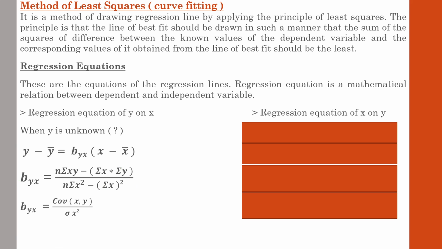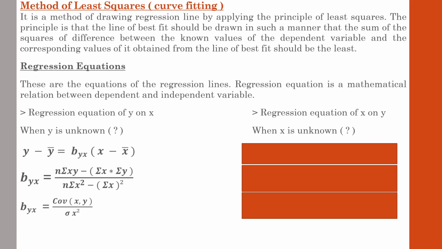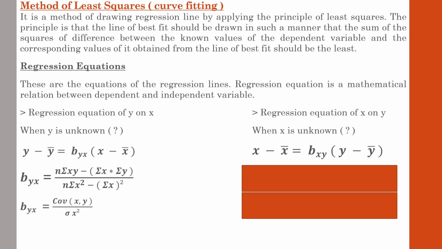Next one, regression equation of x on y. Just now we have discussed y on x. Y on x means we don't know y and we have the value of x. So then what will be the regression equation of x on y? Here the unknown value will be x. The equation will be just like the earlier one, with a slight difference.